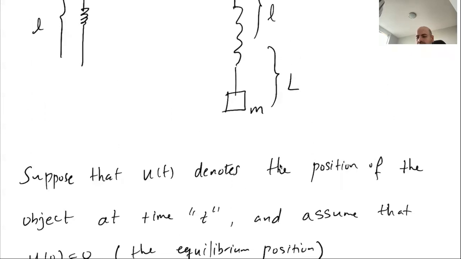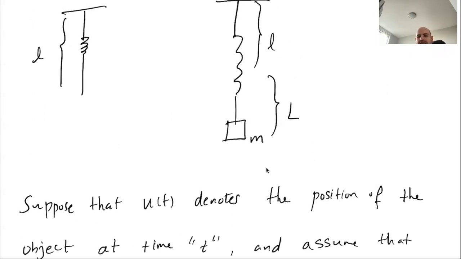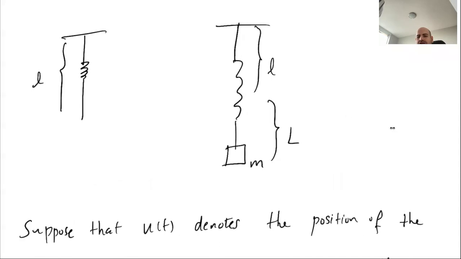So see, once you attach the mass, there will be some equilibrium position, right? So we are assuming that this is the equilibrium position and this is at u equals 0, which happens at t equals 0.